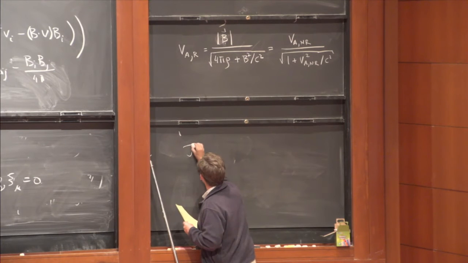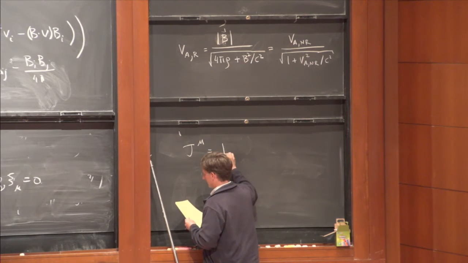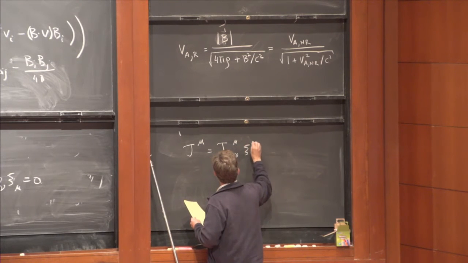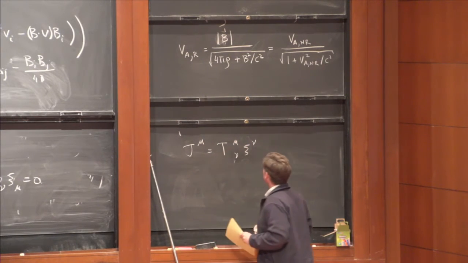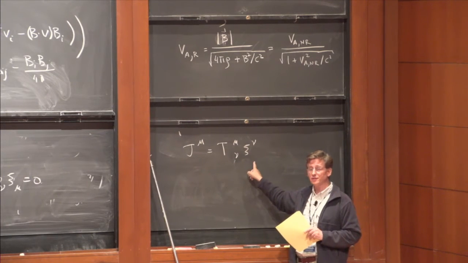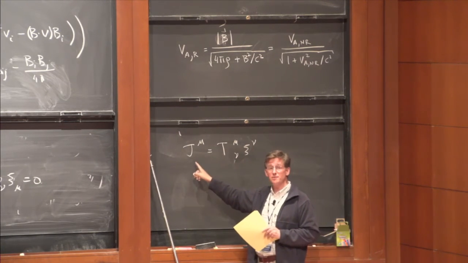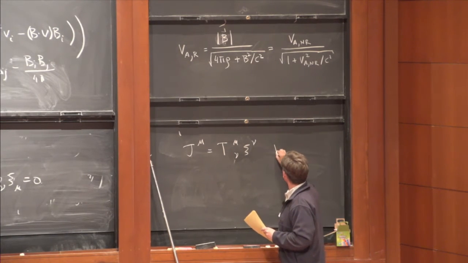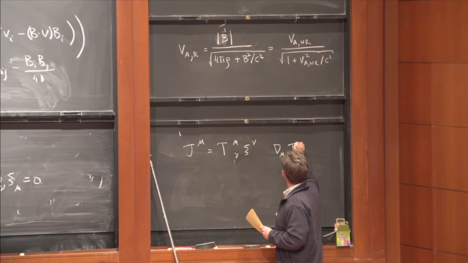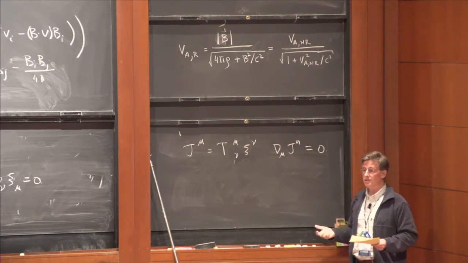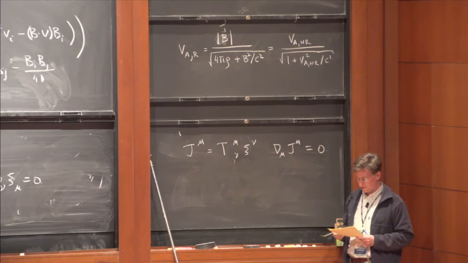And the conserved current looks like this. I just take the dot product of the stress energy tensor with a Killing vector. And that gives me a conserved current J mu with del mu J mu equal to 0. So that's what I mean by a conserved current.